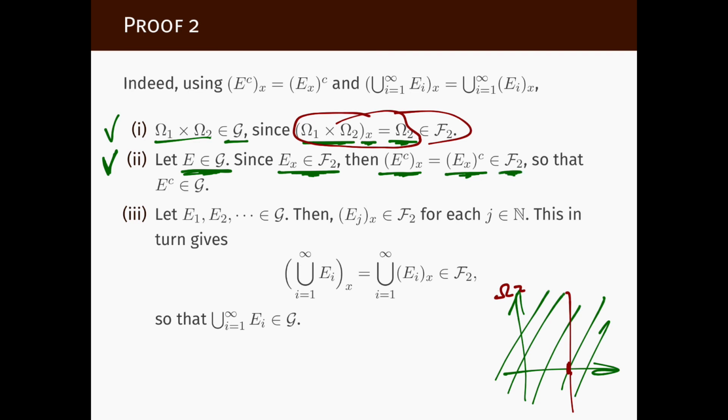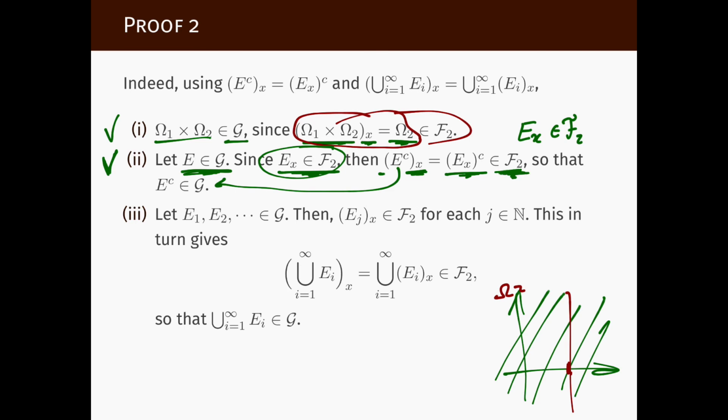Why would this be in F2? Because E_x is in F2 by assumption, and F2 is a sigma algebra, so it's closed under complements. And that means E complement is in G, because taking the section by x, we got something which is in F2.